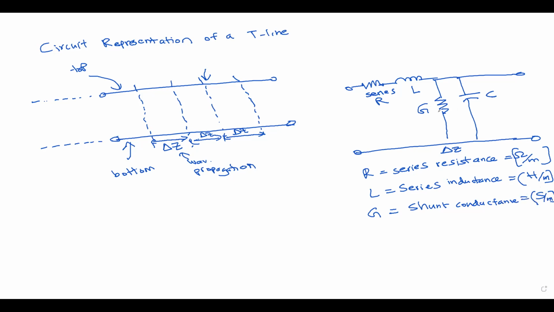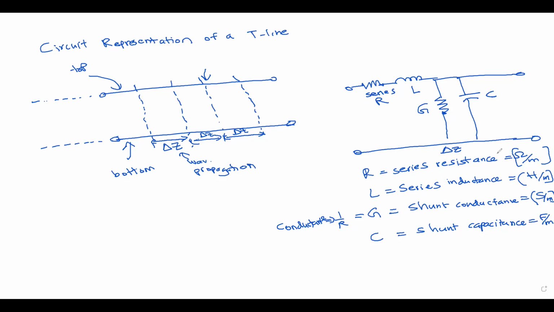The shunt conductance is the G value in here, where we have a parallel resistor. The parallel resistor gives us a conductance; 1 over R is conductance. C is the shunt capacitance, which we denote using farads per meter.